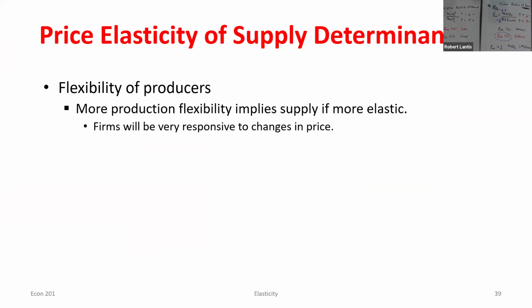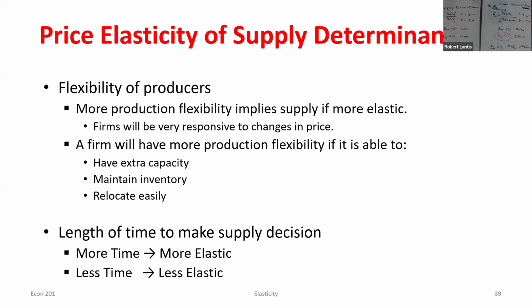So what does this look like for producers? A lot of the times we'll think about this as, if I have extra capacity in my plant. Why might a company want to buy a plant that's larger than what it currently needs based off of what current demand is? Well, because they might expect things to change in the future.